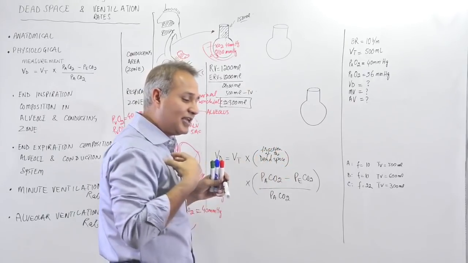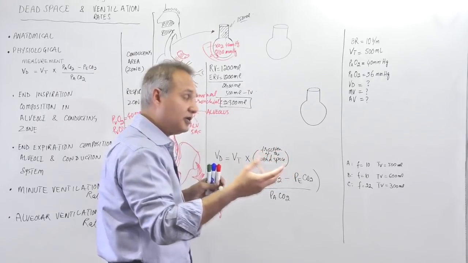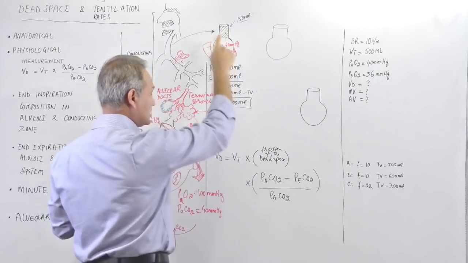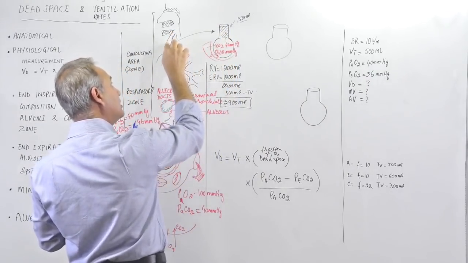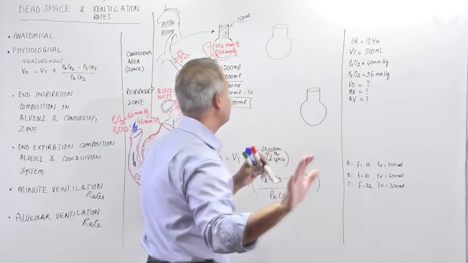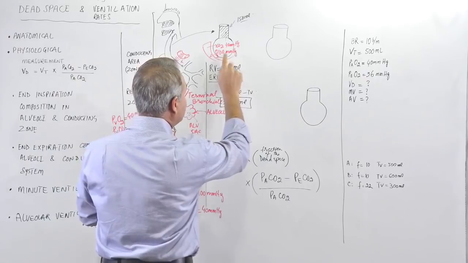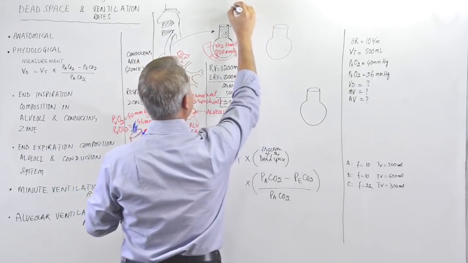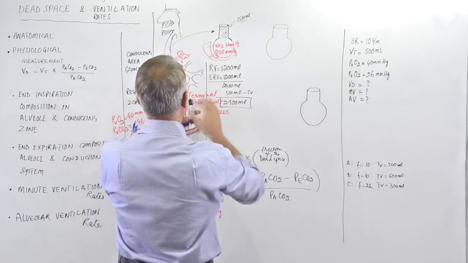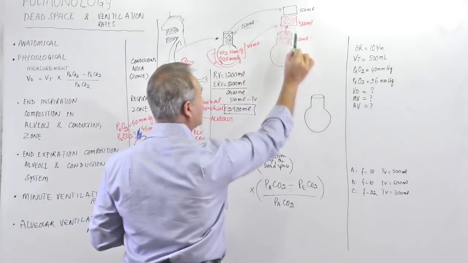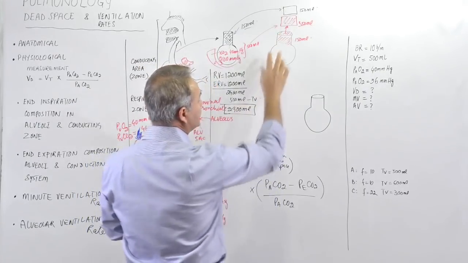So we think that the 500 came out, but in that 500, the initial 150 coming out was already present here. So hold on with me for a second. 500 milliliter is pushed out. When it came out, here is a chunk of air. I'm going to make that here. The 500 ml that came out, that is the structure.